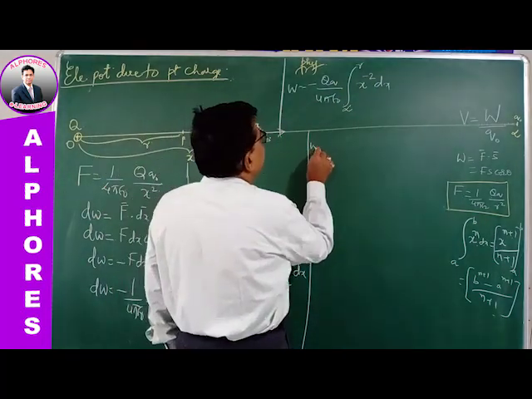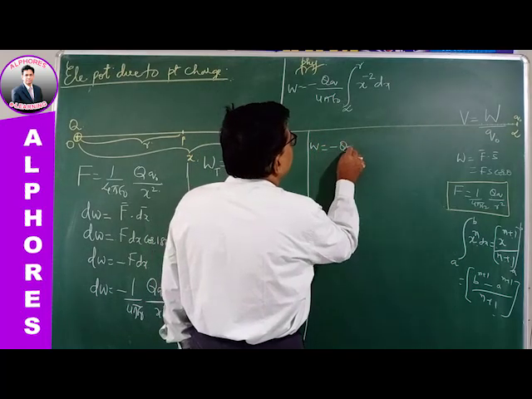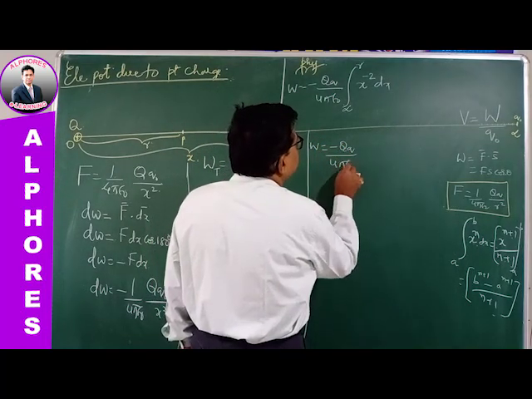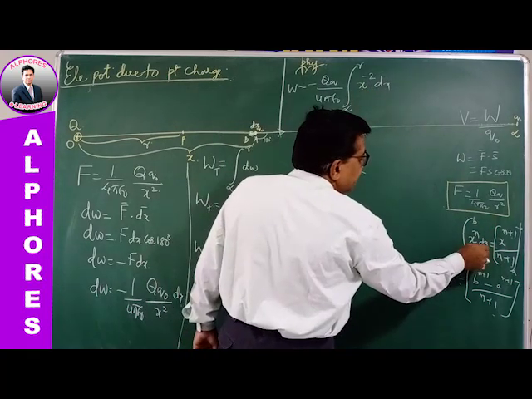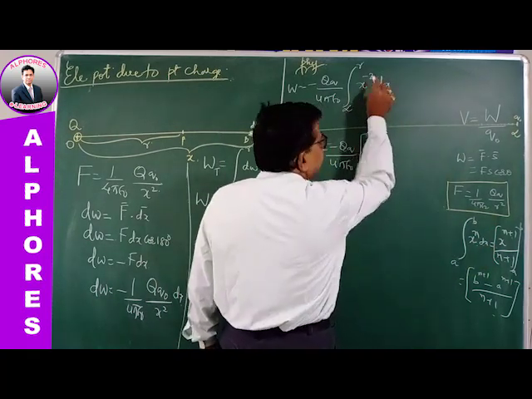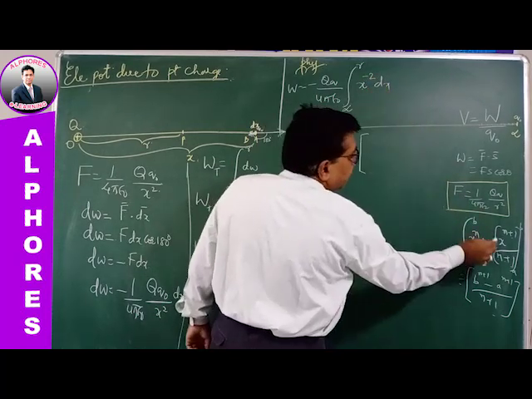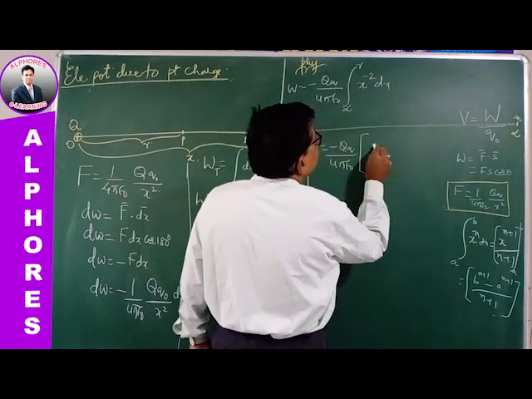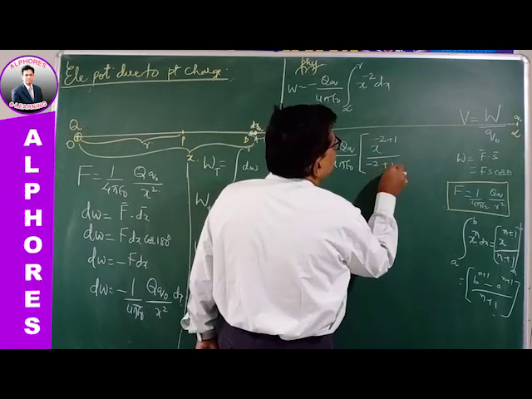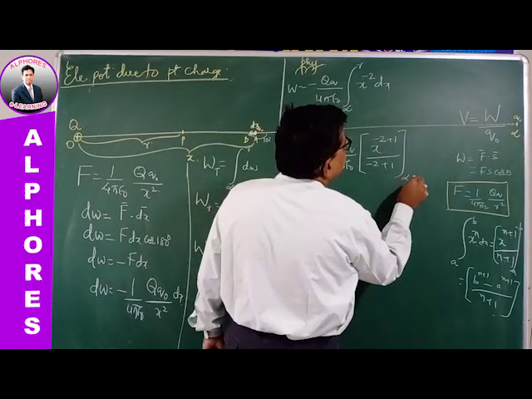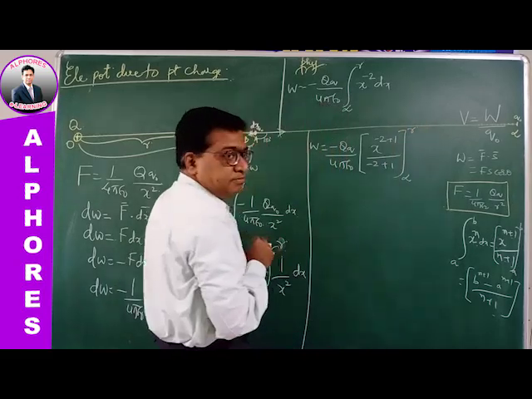So therefore W is minus capital Q small q by 4 pi epsilon naught. Now performing the integration, this is x, n is minus 2. So x power n plus 1, that is x power minus 2 plus 1 by minus 2 plus 1 between the limits infinity to r.